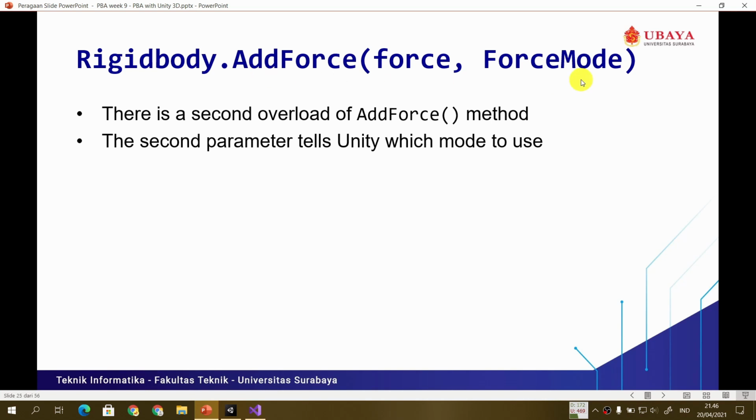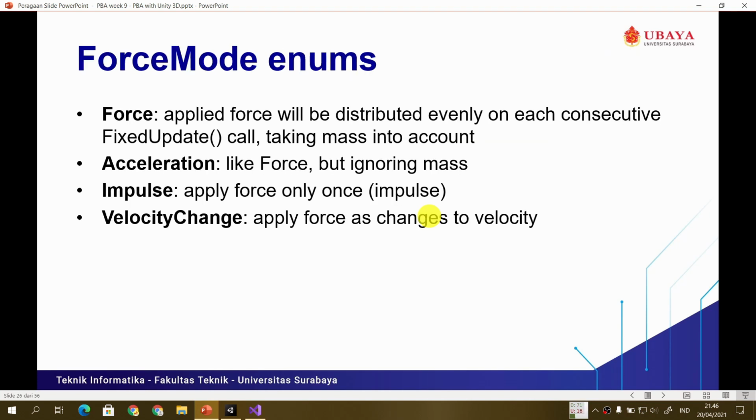Let's talk about this. Now, the second parameter tells Unity which mode to use, because actually Unity provides us with 4 modes. The second parameter is the ForceMode enum, and we have 4 enums here. The first one is Force.